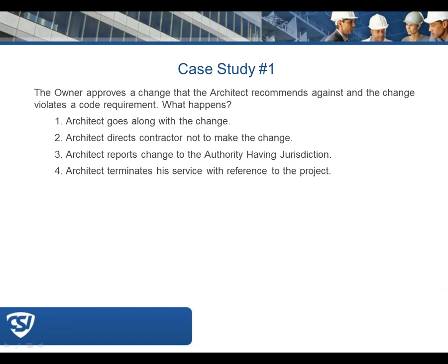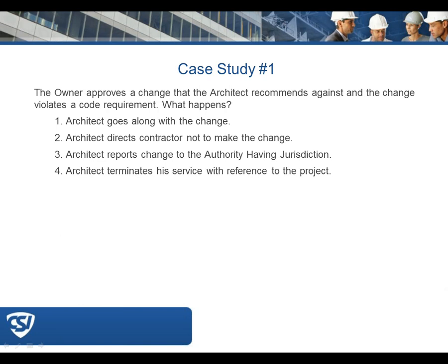And I don't know, though, that we necessarily direct the contractor not to make the change. We certainly inform the contractor of our knowledge that there is a code violation. Certainly the contractor has the ability to make independent decisions and should choose not to make the change based on that.